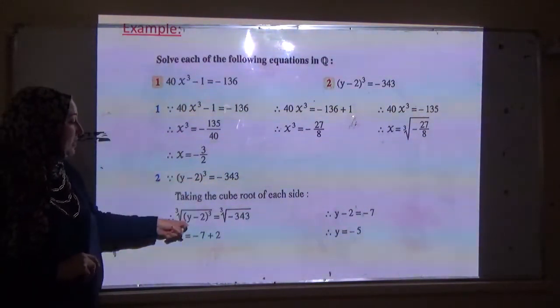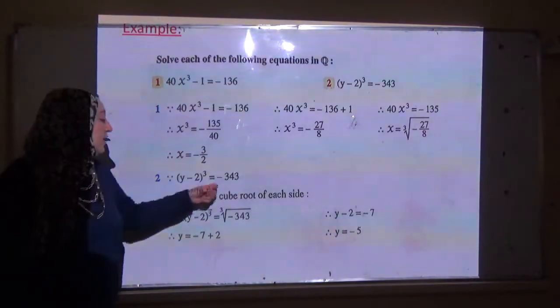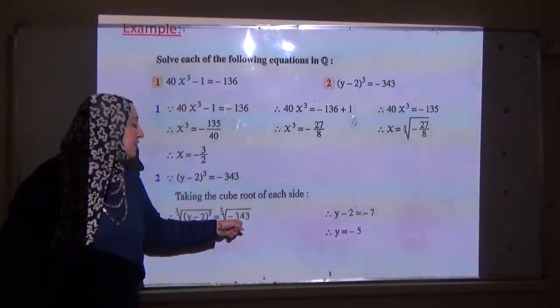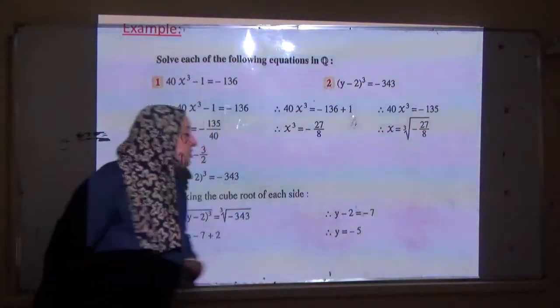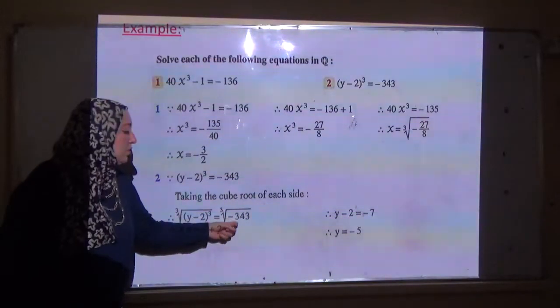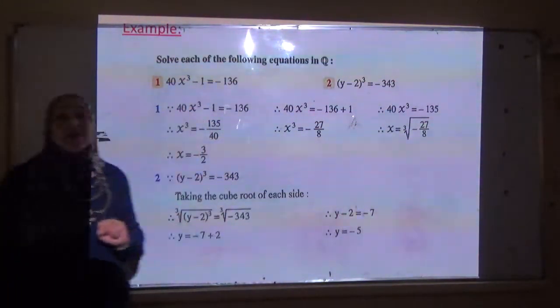Then y minus 2 equals the cube root of negative 343, which equals negative 7.